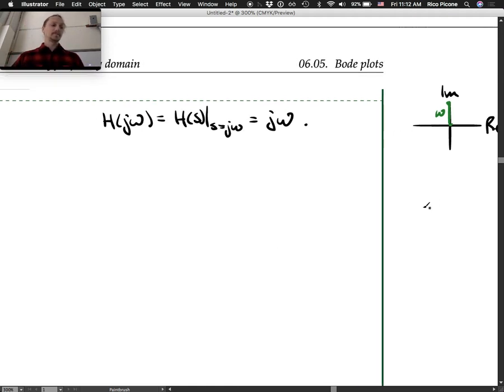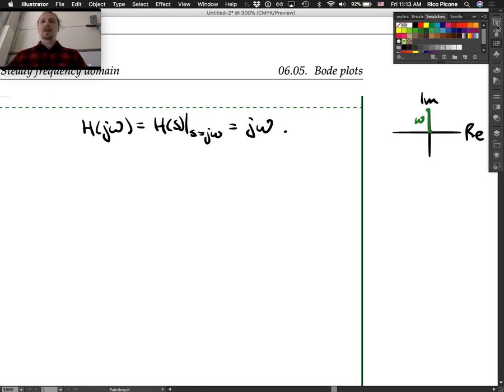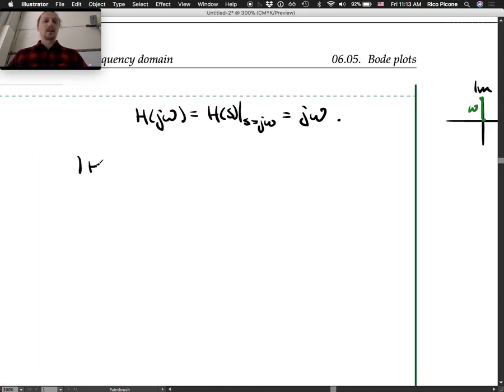You can pretty much just do that by inspection. I think we could all figure that out by inspection. The length of this is omega. So the magnitude of H of j omega is just equal to omega for positive omega.